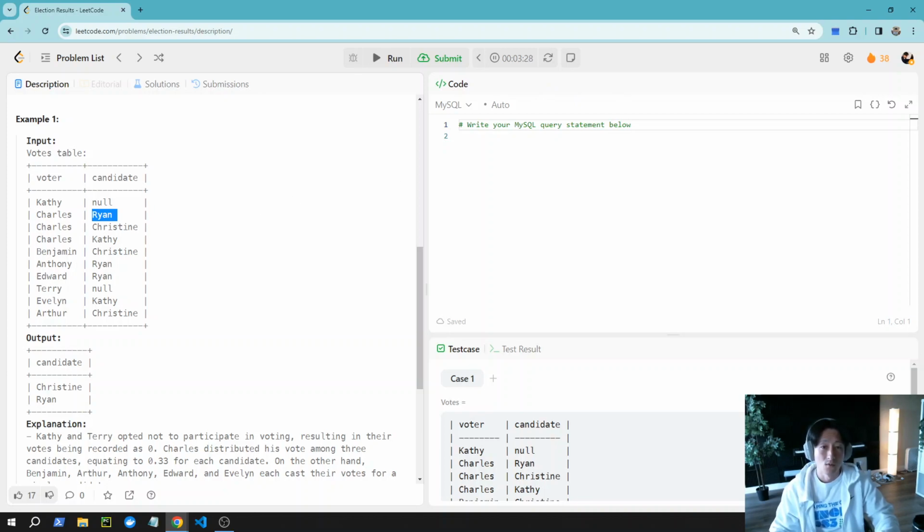I'm going to create one more column next to candidate. So what I have to do is compute the weights first. The weight, I'm going to group by voter and count distinct candidates.